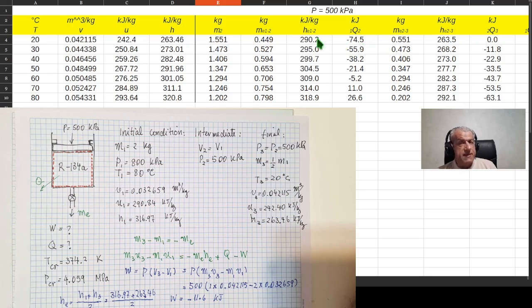It happens that the temperature at point 2 would be 20. If the mass leaving is 0.594, which is more, it means that you have opened the valve more, then the heat transfer would be less, would be 38.2, and the temperature would be 40 degrees C.